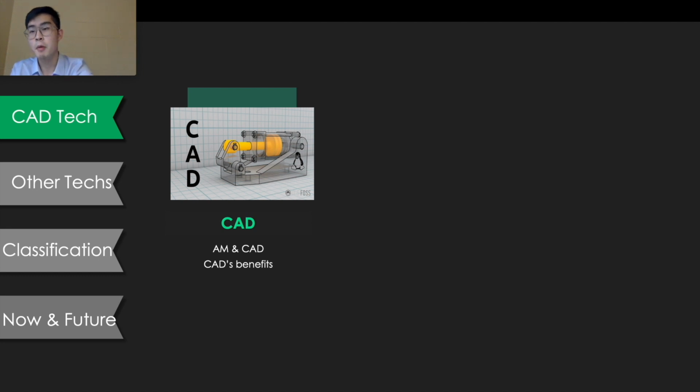I believe most of us should be familiar with some of these software packages like SolidWorks, AutoCAD, LabVIEW, and so on. CAD technologies are available for assisting in the design of large objects as well as very small ones, even to nanoscale.